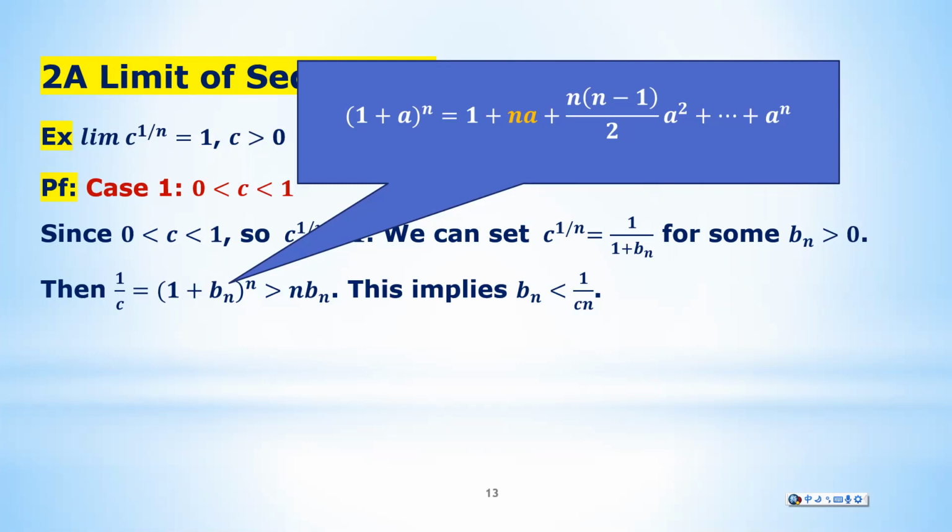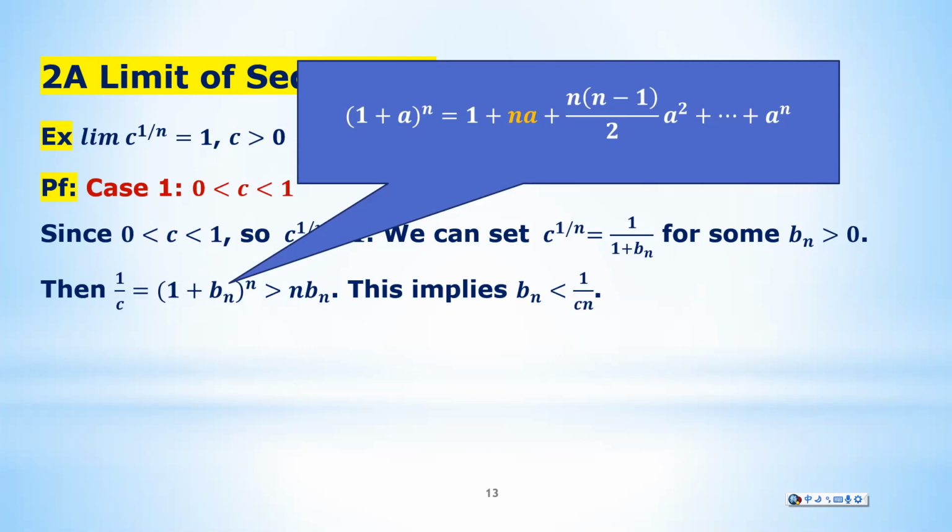When you apply this binomial expansion, 1 plus bn to the n's power equals 1 plus n bn, where n bn is the second term, and then there are some other terms after that. But at this time, we don't care about the other terms, because every term in this expansion is positive. So I just take one of these terms, so the summation gets smaller. That's how I get the inequality.